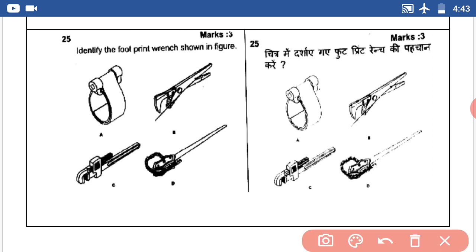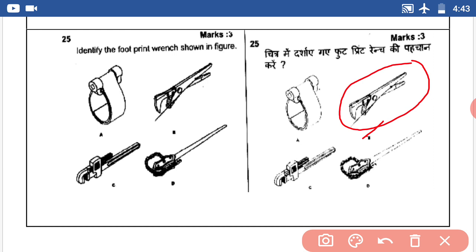Identify the footprint wrench shown in figure. So four images are given. This is the footprint wrench, answer B.